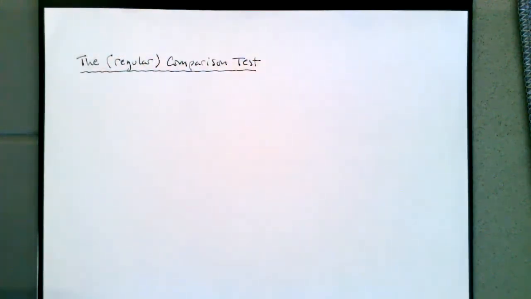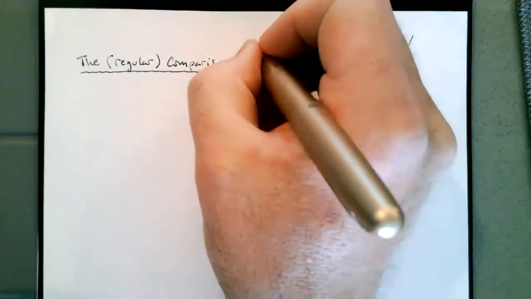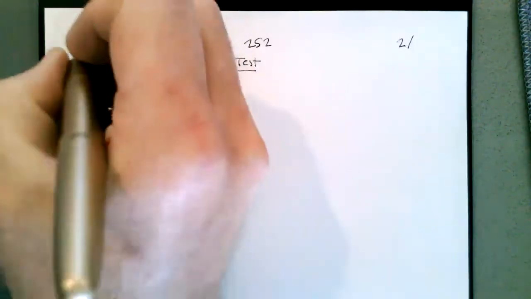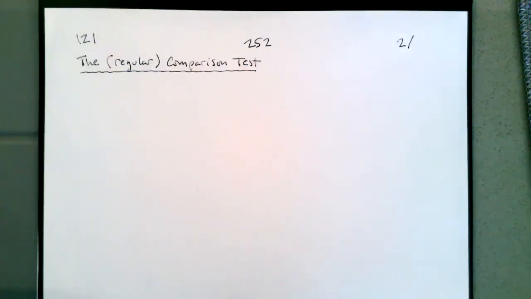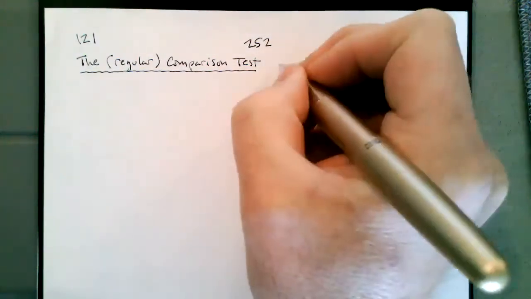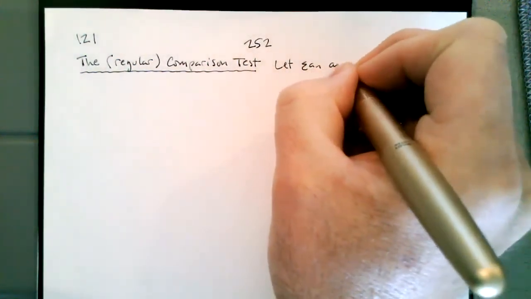In the regular comparison test, we have one series that is going to be the bigger series and the other series will be the smaller series. So in the regular comparison test, we start off with two series because there has to be some comparison. So we'll say let a_n and b_n be series.